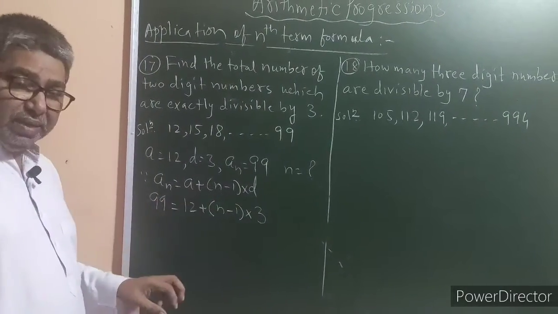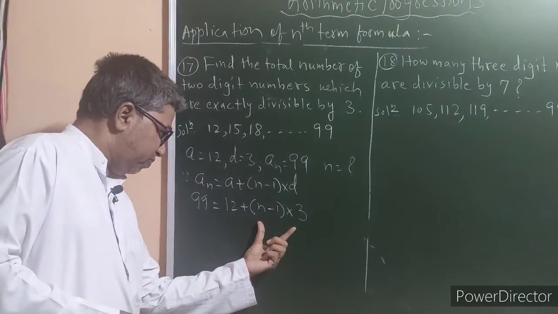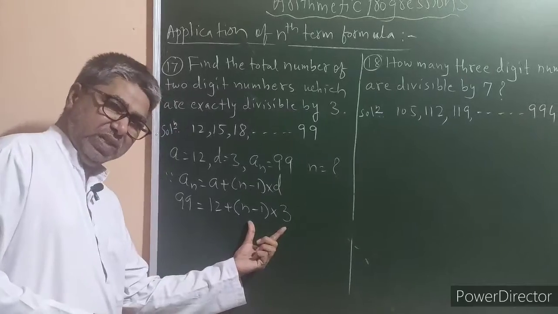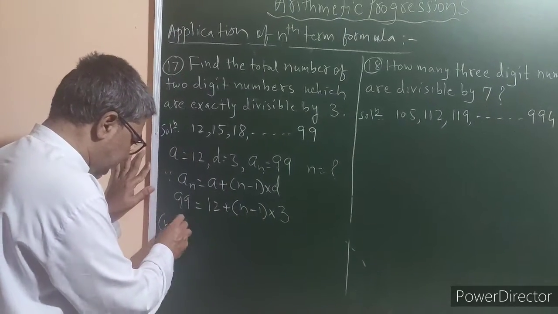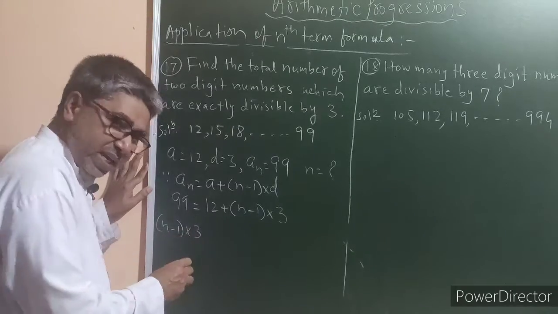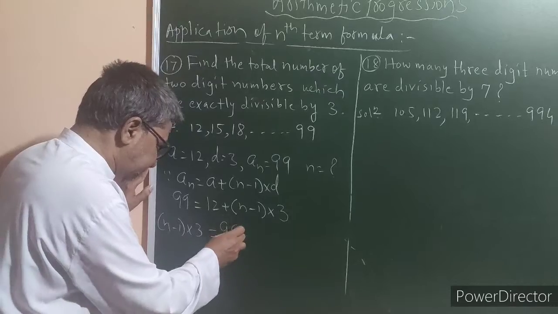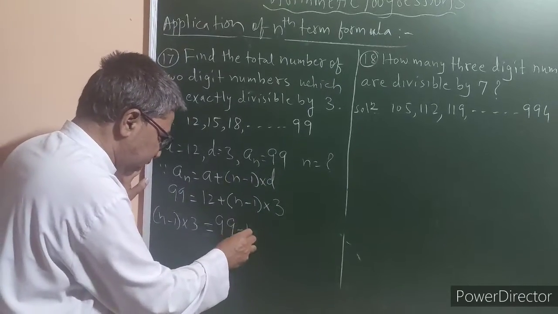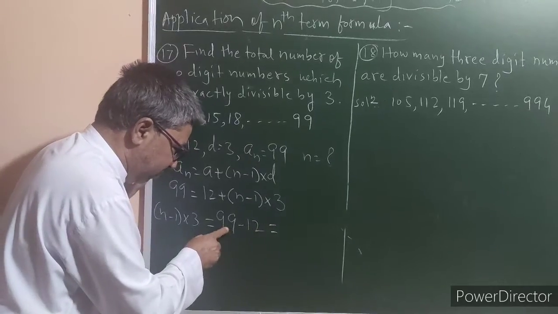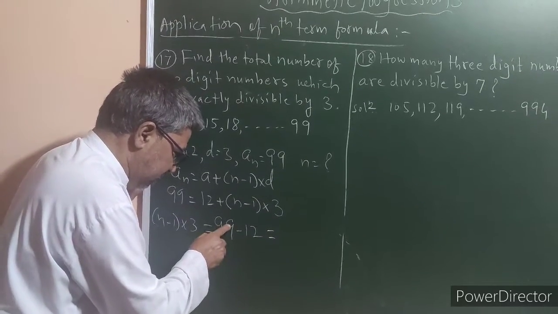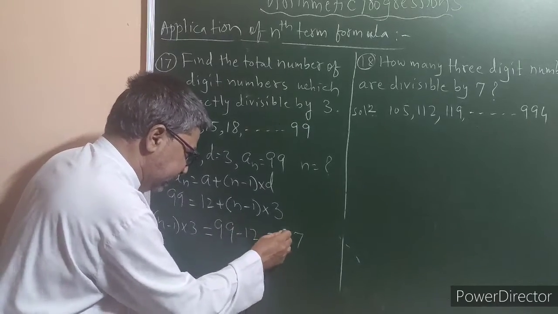Now let us shift this part to the other side. n minus 1 multiplied by 3 is equal to 99 minus 12, and the difference of 99 minus 12 is 87.